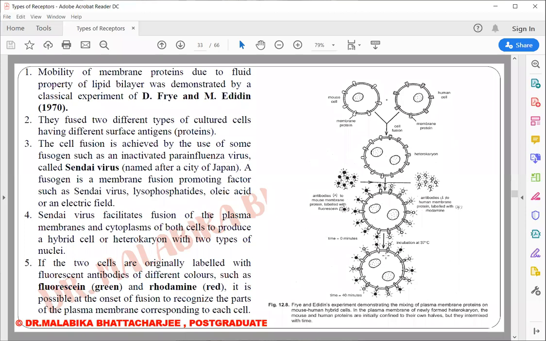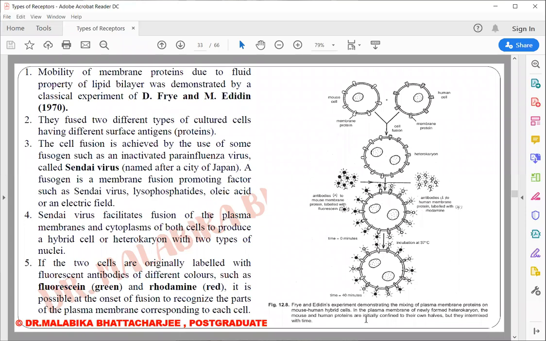So we start with a cell, one half of which has red color and the other half has green color. But after 40 minutes, it was seen that a mixture of red and green color was visible throughout the membrane, indicating that both the mouse proteins and the human proteins had moved laterally along the plane of the membrane.